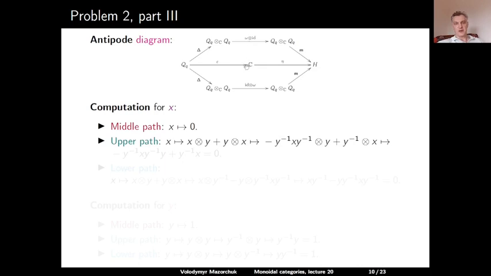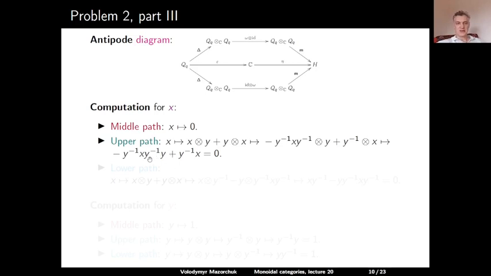So the antipode sends y here to y inverse, while this x is sent to minus y inverse x y inverse. And now when we multiply, in the first summand we get minus y inverse x, y inverse y. So this y inverse and this y. And in the second summand we get just plus y inverse x.